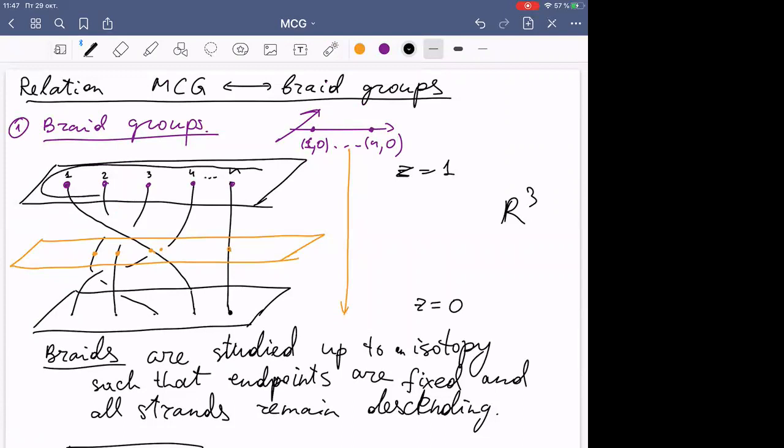We can choose a sufficiently large disk, and any braid can be pushed so that throughout the whole path from top to bottom it is contained in a disk, and throughout any isotopy between two braids we can also assume we are contained in a disk.